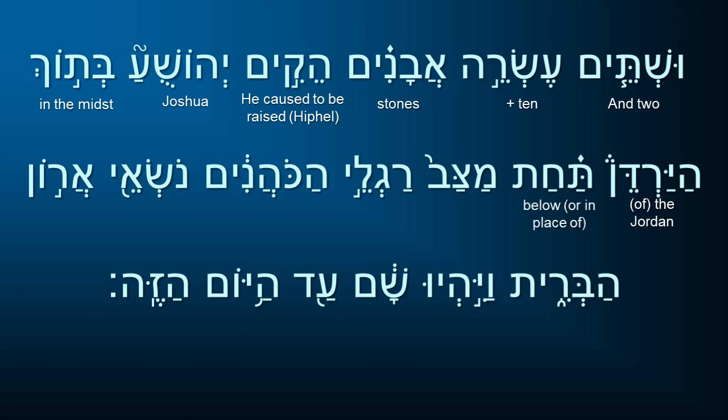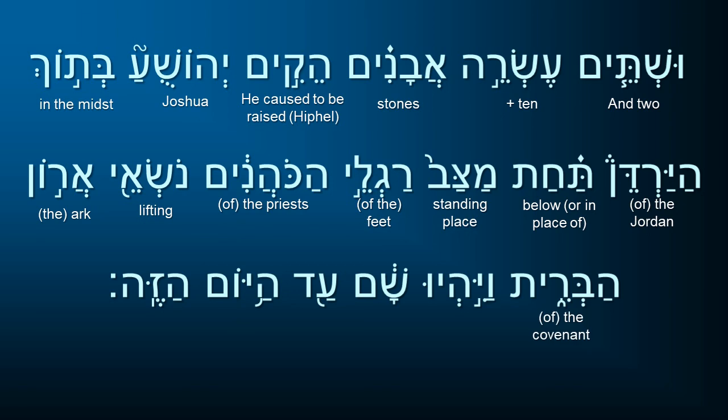And then we finish the verse up below the place of Tachat Metzev, below the standing place, Rigle, of the feet, and it's of the Kohanim, of the priests, Nishpa, the priests who were lifting, Aaron Berit, the Ark of the Covenant, and they are there.